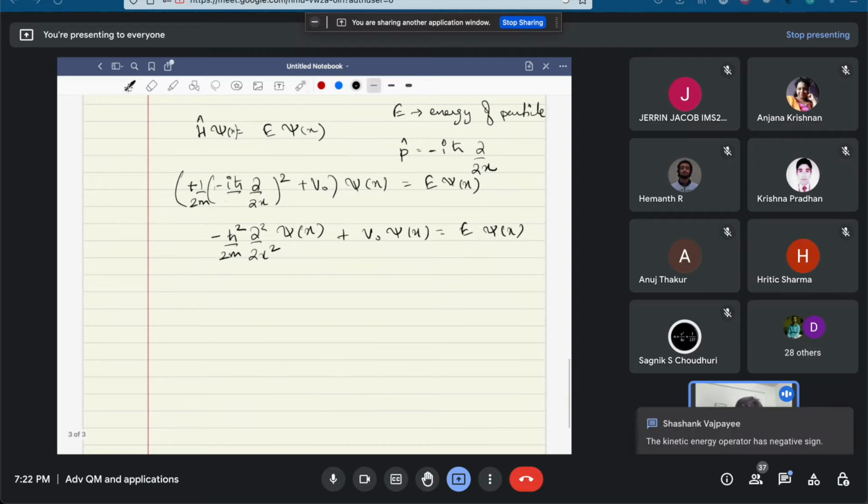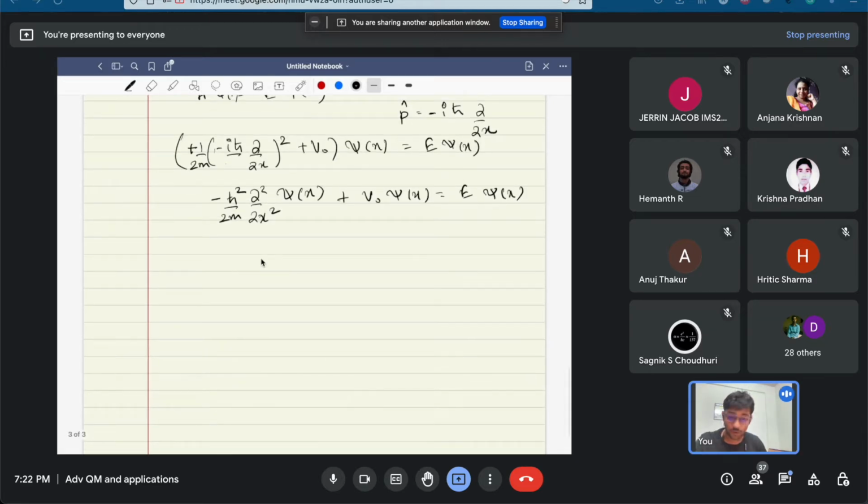Now most of you might have read about how to solve a double derivative. In order to solve it, what we usually do is we take the parts that have a derivative to one side and all the others to the other side.